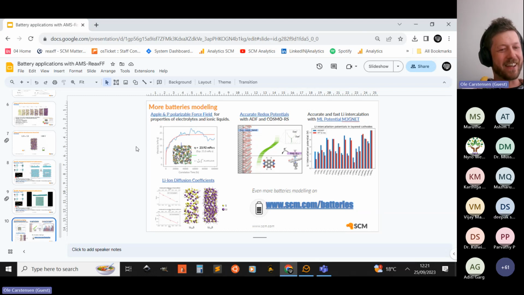Correct. Okay, yeah. Well, there's more than one way to do it, and I think in the end you could apply this workflow to other systems as well. The workflow is fairly general. I should also add that this is a fairly approximate way of generating the grand canonical ensemble.